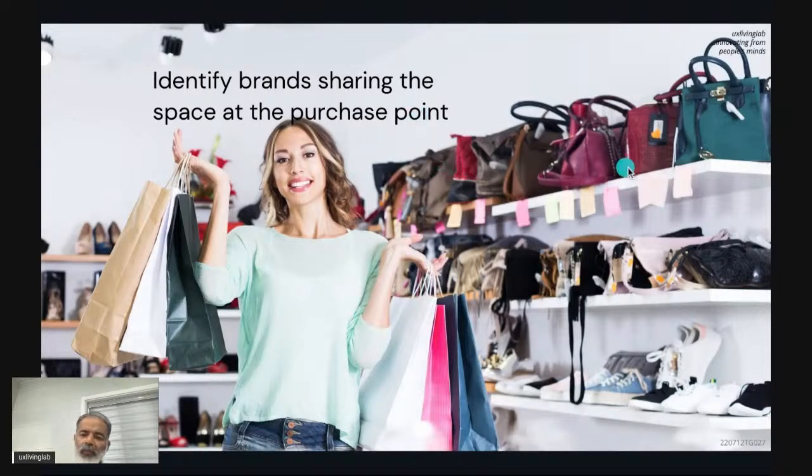So you can see which are the brands sharing the same space. That's what I'm talking about. Identify the brands sharing the space at the purchase point. When the customer is in the shop, which are the brands from which the customer can select. So actually, they are sharing the purchase point.